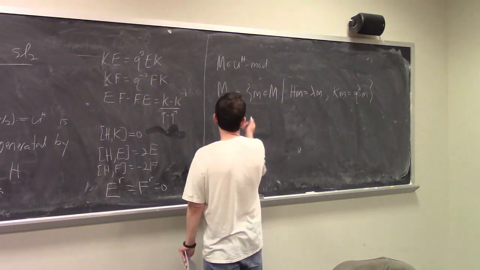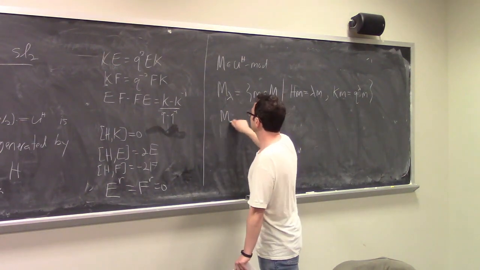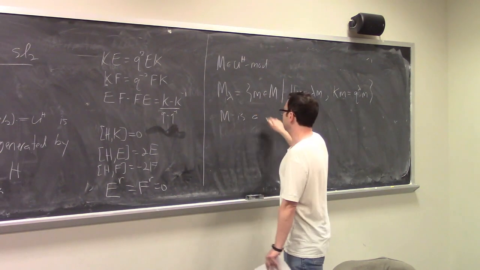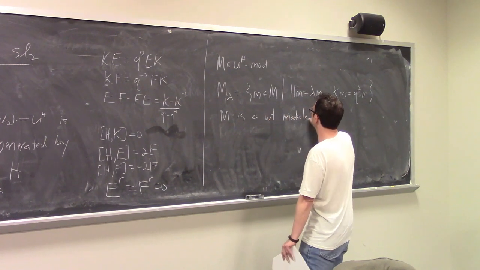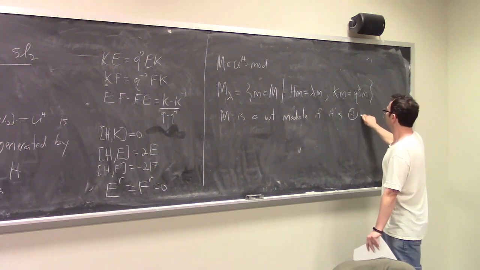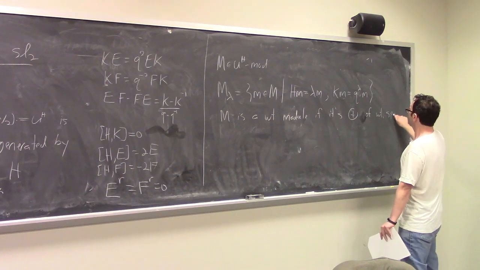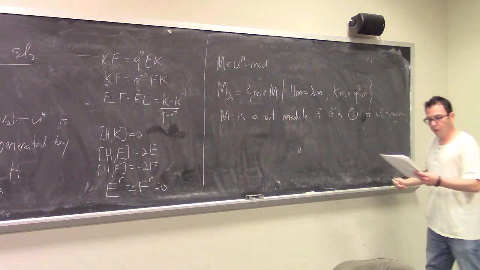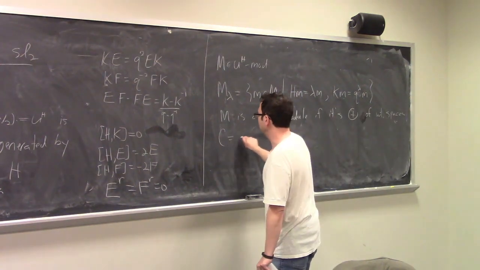M is a weight module if it's a direct sum of its weight spaces. Now we let C be the category of finite dimensional weight modules.